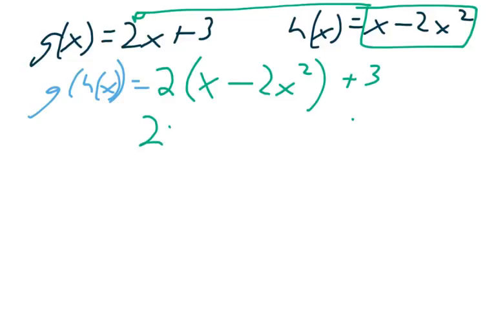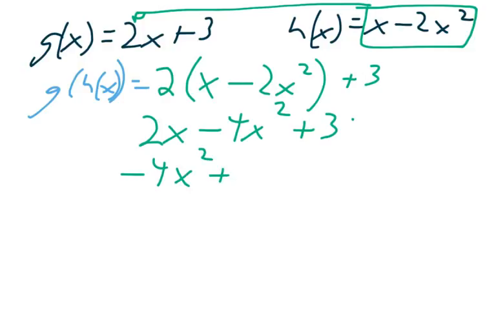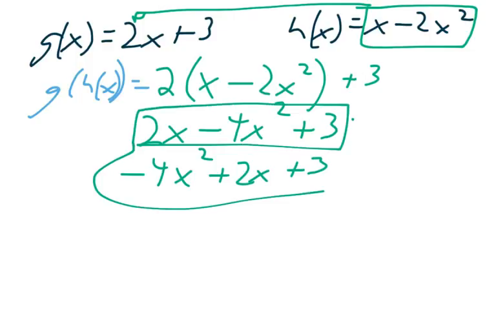So that would be 2x minus 4x squared plus 3. If I rewrite this in order, it would be negative 4x squared plus 2x plus 3, but I'm not sure which order they're going to give it to you in the multiple choice. So one of those two will be your answer.